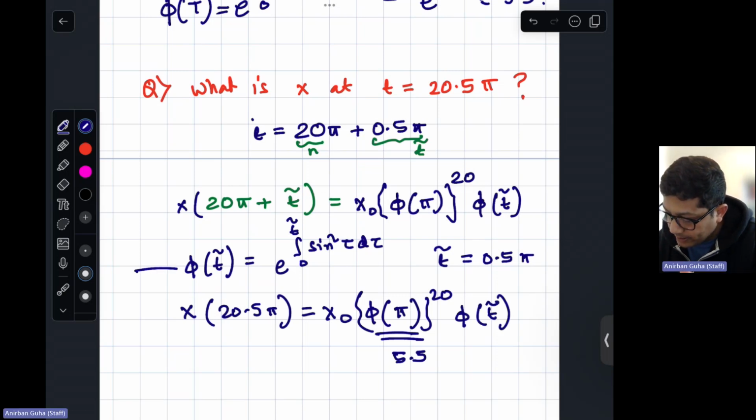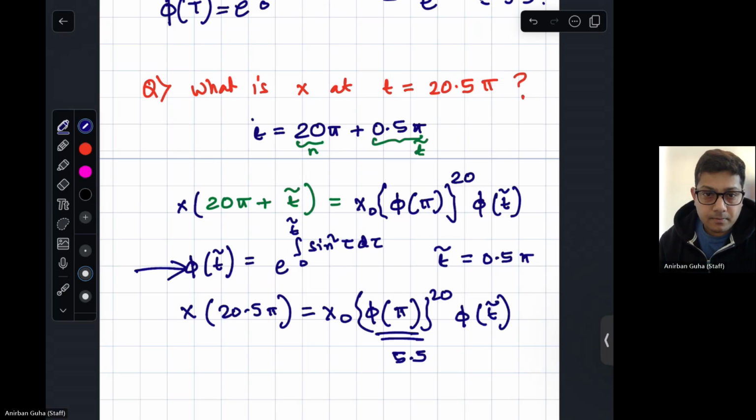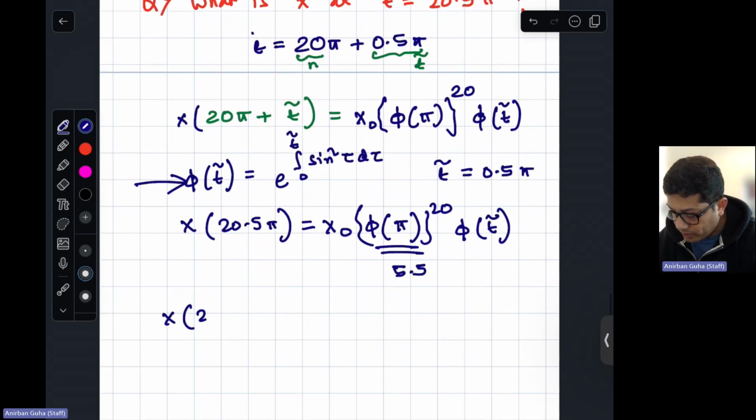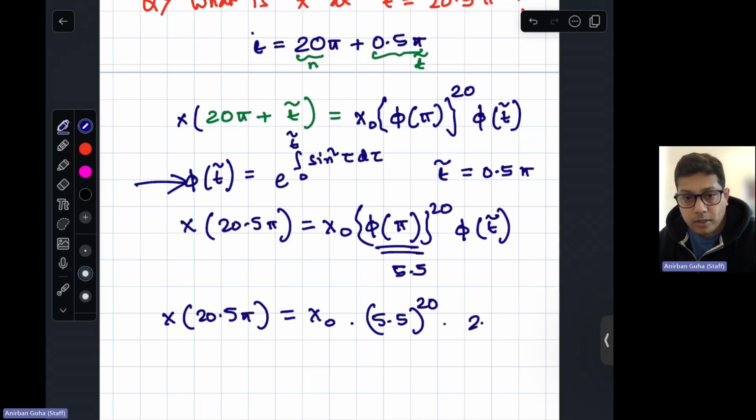So you have to integrate this equation from 0 to 0.5 pi, so 0 to pi by 2. Let's do that bit. That gives you 2.75. So x of 20.5 pi is x0 times 5.5 to the power 20, and phi of t tilde, which is 0.5 pi, turns out to be 2.75.